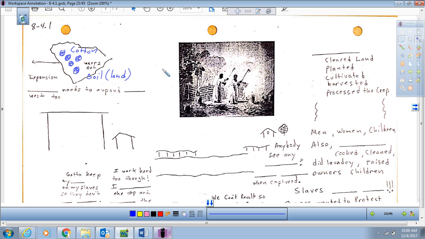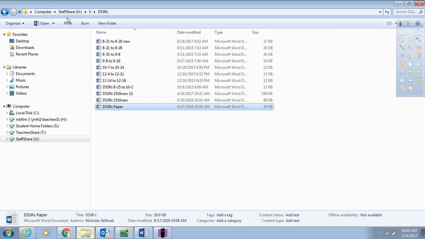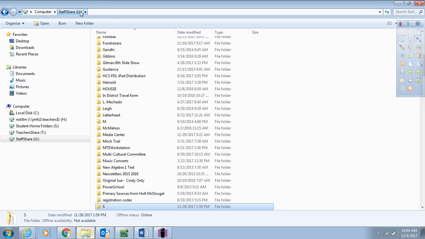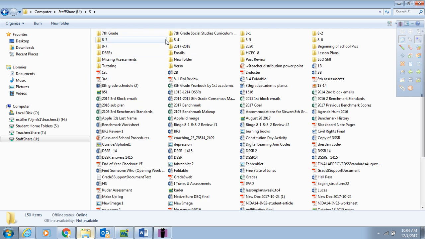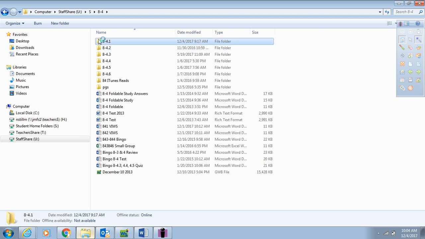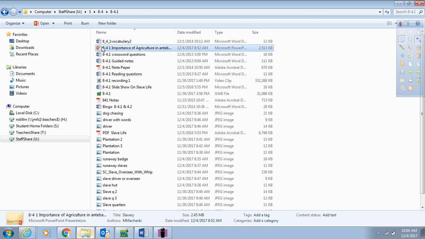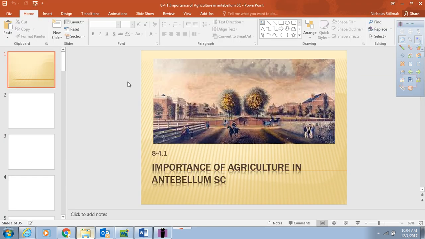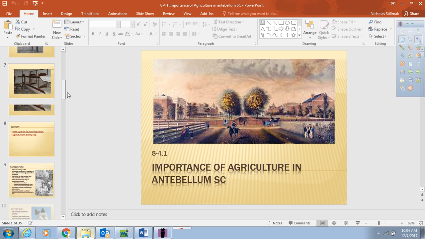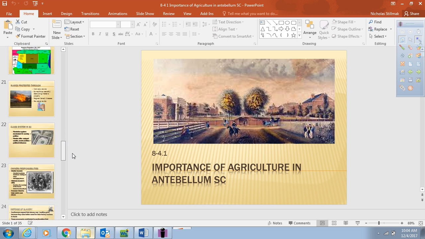You have to do what's called crop rotation. I wasn't planning on doing this. Let me show you this picture from the PowerPoint. I mean, I plan on showing it to you later, but this seems like a good time for it. Okay, PowerPoint, open up. Anyway, where's that picture? There it is.